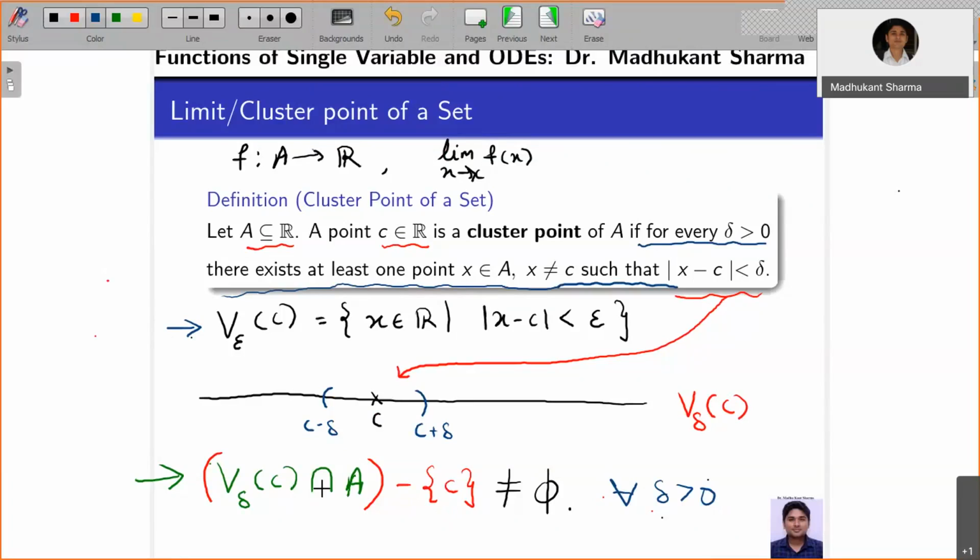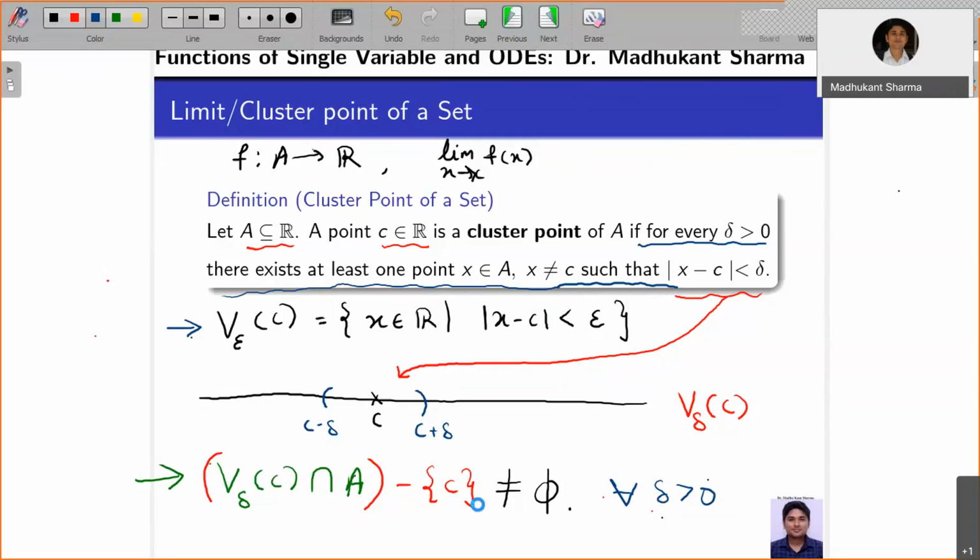Then you say c is a cluster point of A. Now, once we have this definition, we can have more properties attached with the cluster point. So this is true for every delta positive. So if you choose delta to be 1 by n, this certainly remains true. Then what will happen? So let's discuss this now.